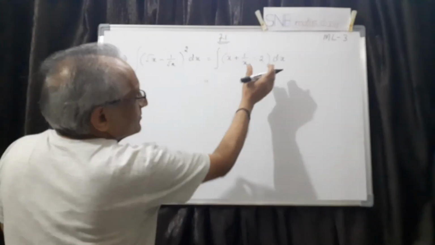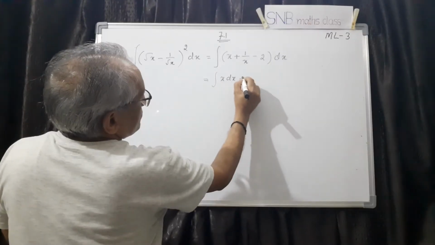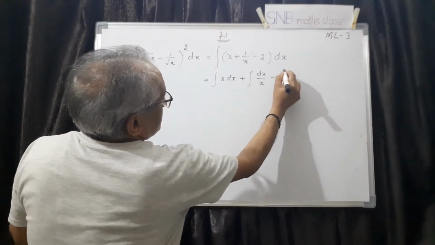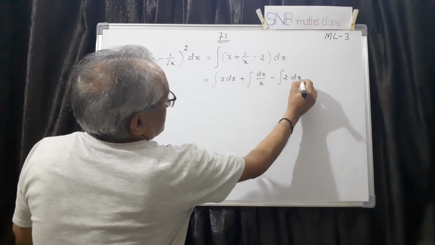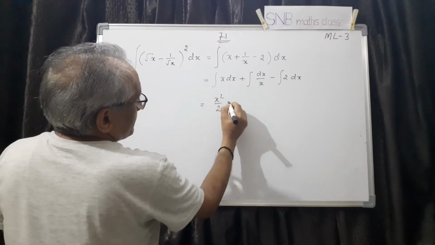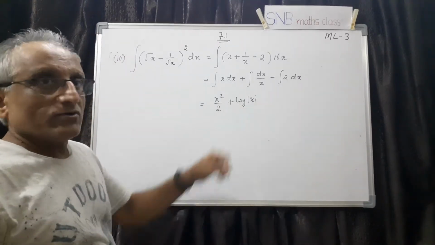Of course, I have to write the rule actually. This is integration x dx if you want to use the rule, then integration dx by x, minus integration 2 dx. Then this directly I can write x square by 2. This is log of mod x. Normally you should write log mod x.